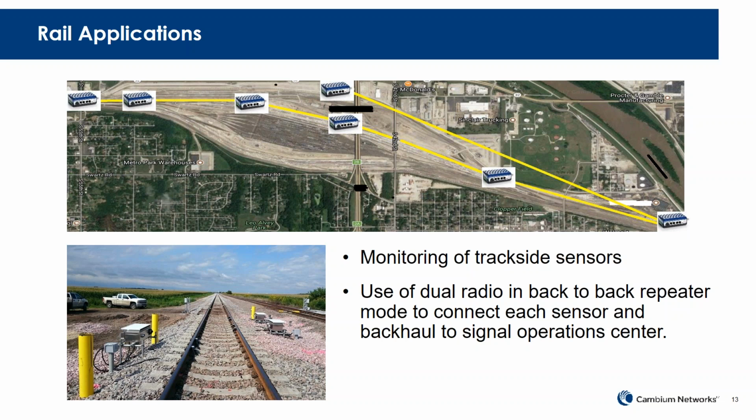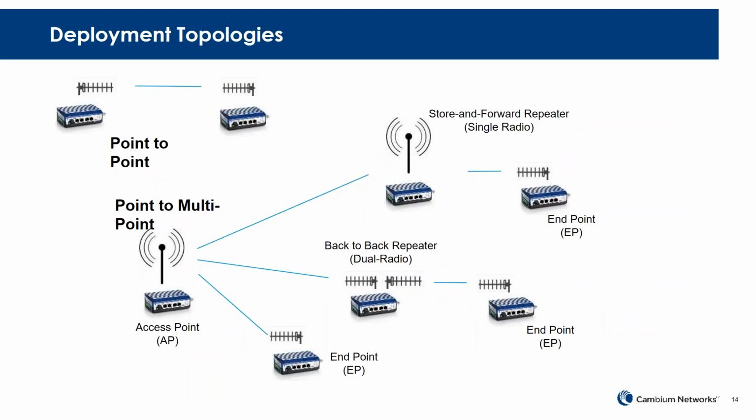And the back-to-back repeater mode allows you to string a large number of these devices. You can see there are 5 in a series on here without losing capacity, because we're doing a back-to-back repeater mode that utilizes the dual radio and eliminates the loss in capacity at each node. And that's kind of best illustrated in this picture here.